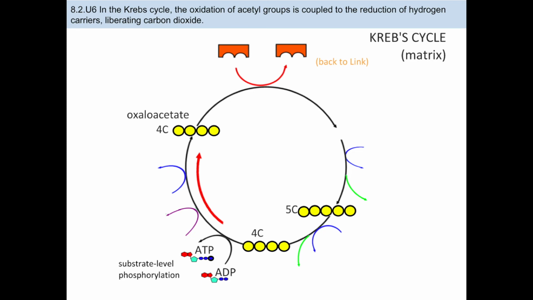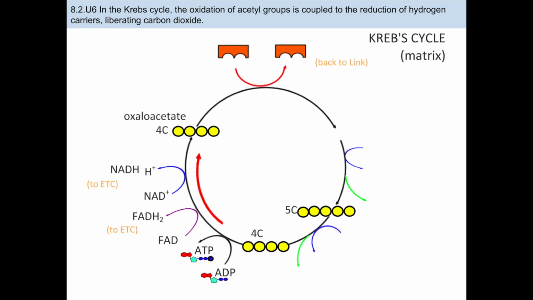From your 4-carbon molecule right here. But miss, this doesn't have phosphate. I know, but how about this one? This will have phosphate. So the phosphate comes from this 4-carbon molecule and is directly added to ADP to form ATP. That's why it's called substrate level phosphorylation.